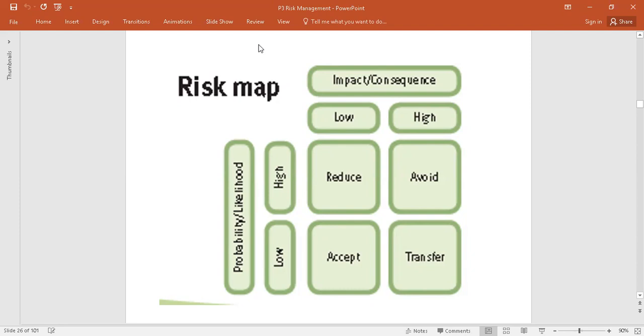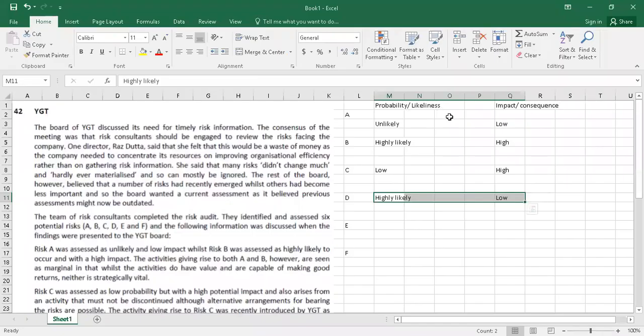A falls under which category? Both are low.